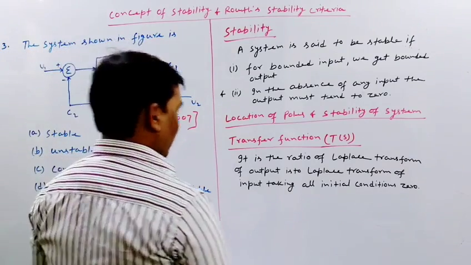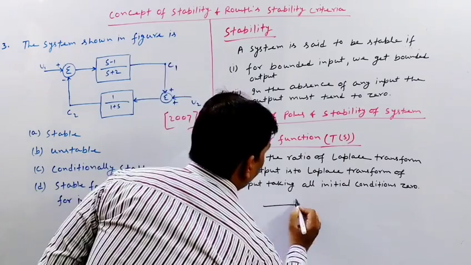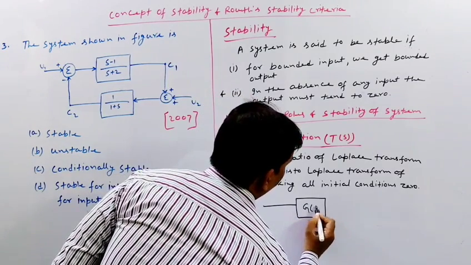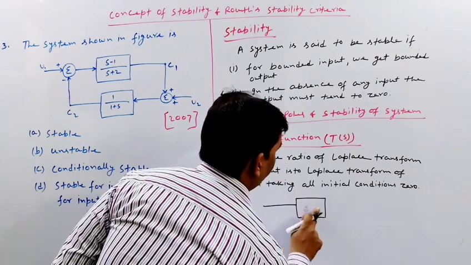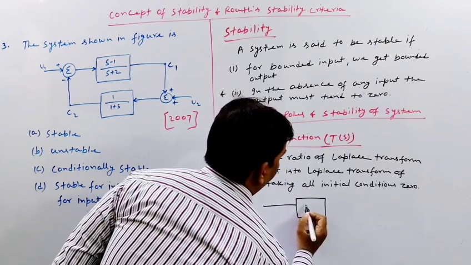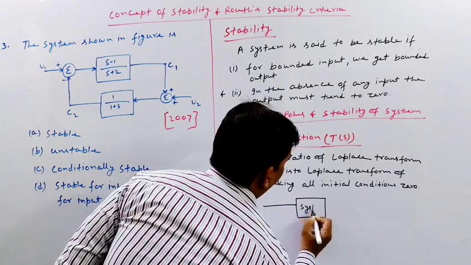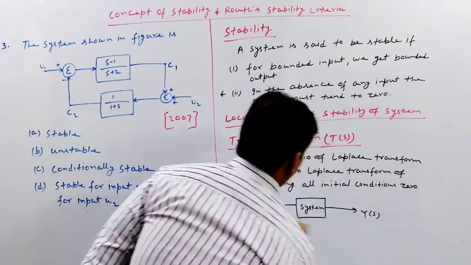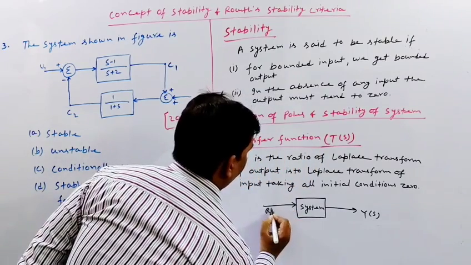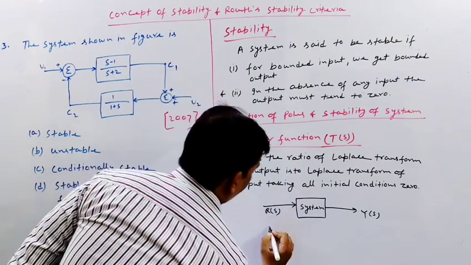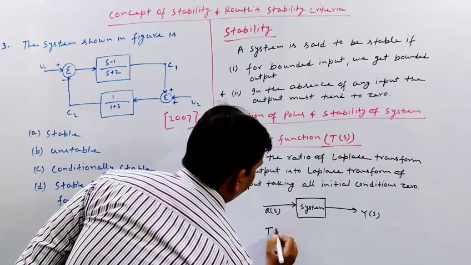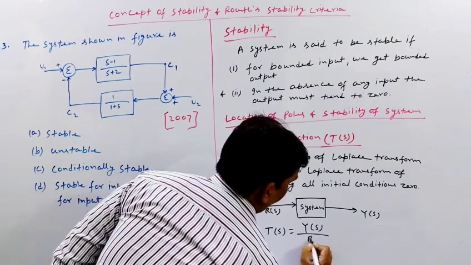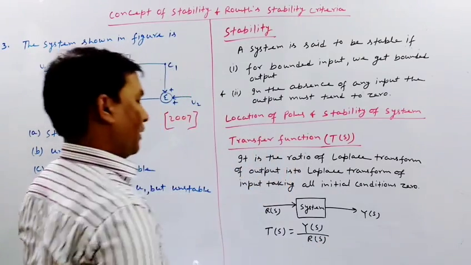Suppose this is the system or process, T(s), and this is output Y(s), and this is input R(s). So transfer function T(s) will be nothing but Y(s) divided by R(s).